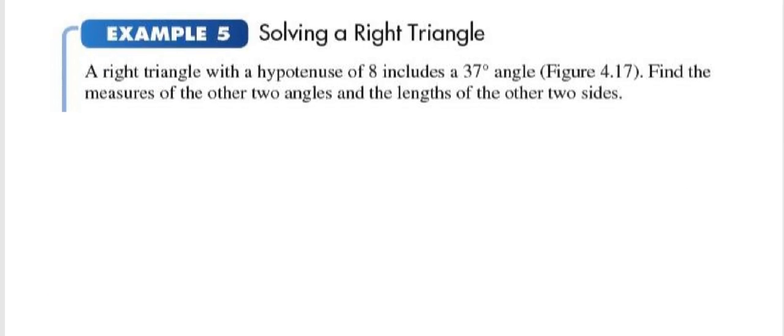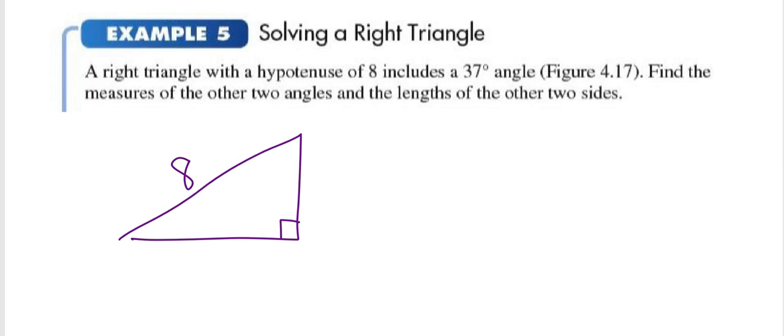Solving a right triangle. A right triangle with a hypotenuse of 8 includes a 37-degree angle. Do you think it matters which one I picked for 37? No. Label the angles A, B, and C. Find the other two angles.